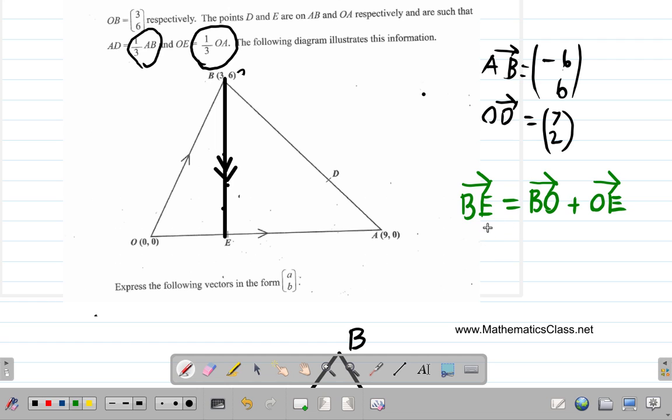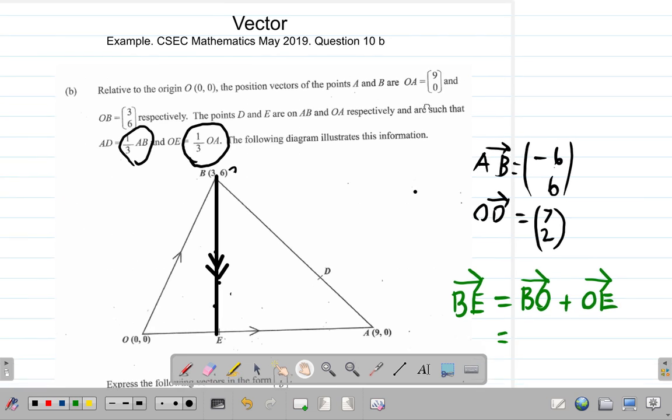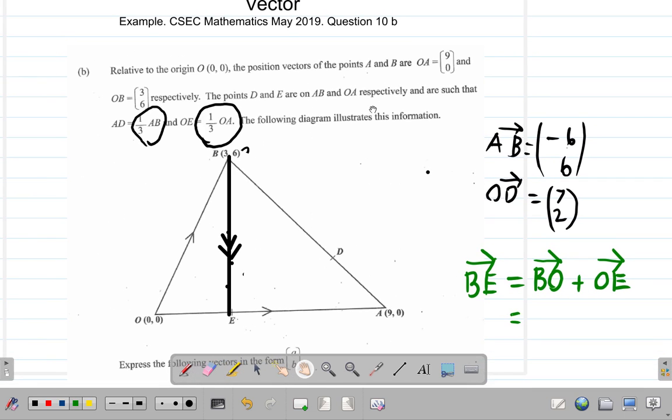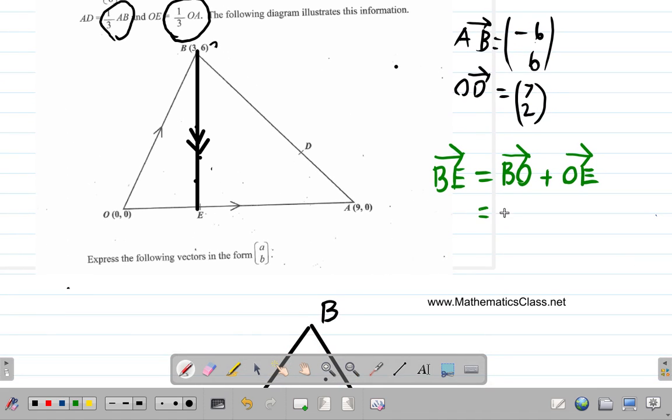So, what is BO? We need BO right now. We see that OB is 3,6. So BO must be negative 3,6. OB is 3,6.